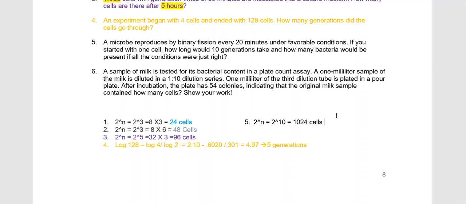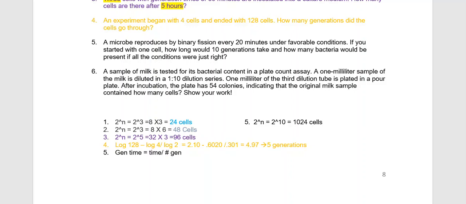Or what you could do is take that formula that we have, generation time, and I'm just going to write it down here because I think there's a little bit more room. Generation time equals time divided by the number of generations.